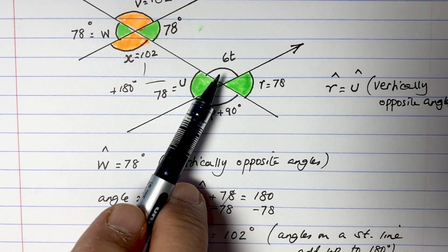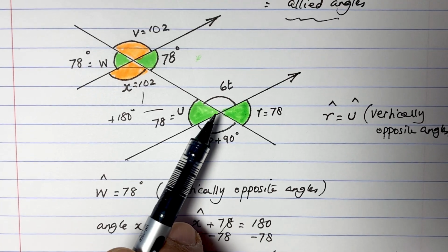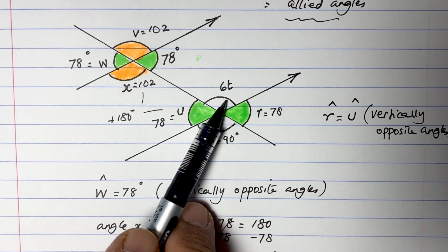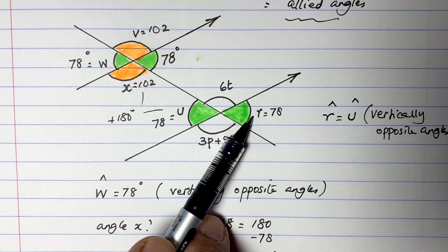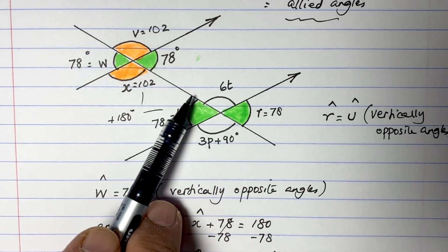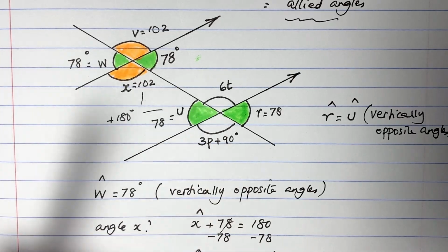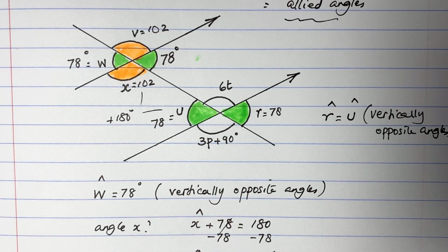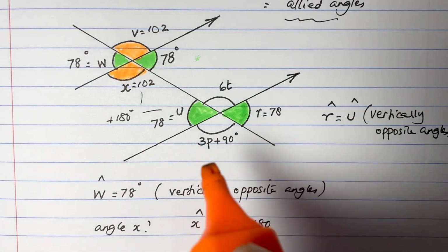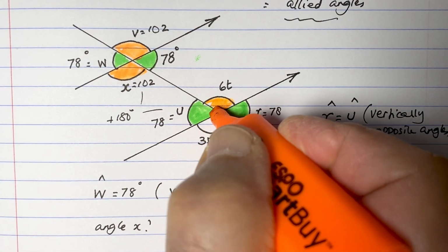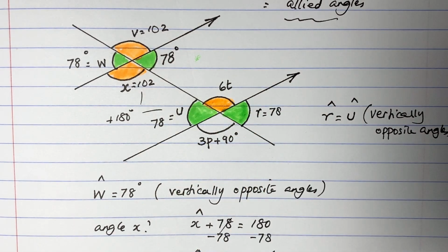Now, to find this angle, which is labeled as 60, well, 60 and 78 makes 180. Or we can say 60 and V are corresponding angles. So if I color this appropriately with orange, two ways of saying, entirely up to you.